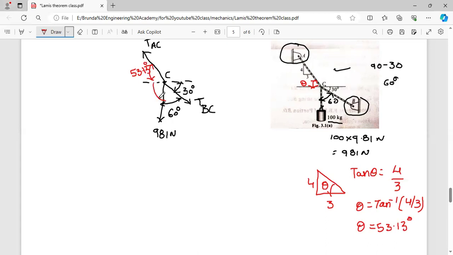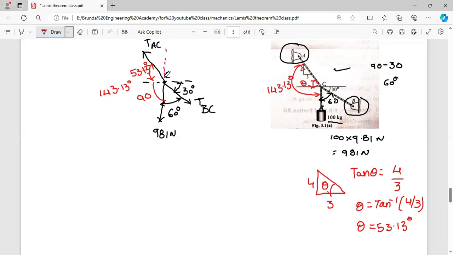And this is 90 degrees. 90 plus 53.13 means this angle of inclination is 143.13 degrees. So clearly the angle between TAC, if you draw again, this angle of inclination is 143.13 degrees.